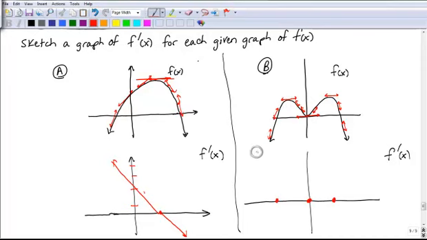So the y value over here has to be a big positive number that gets smaller and smaller until it hits 0. So we can look at why this works. Big positive slope, big positive y value. Smaller positive slope, smaller positive y value. The slope of the tangent line is 0, the y value is 0.